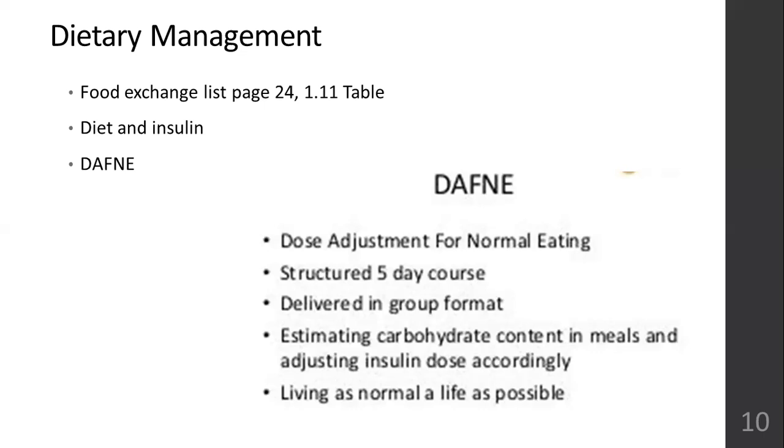Okay, the dose prescribed for the insulin or the hypoglycemic drugs will take care that the person is having normal quantity and amount of food without feeling that they're losing out a lot on varieties. Okay, so based on their eating style, eating requirement, nutritional requirement, it should fulfill the nutritional requirement as well, but it should not affect the blood glucose levels. Okay, so the dose is adjusted just to control the blood glucose level, but the person can eat as much variety as they can. Okay, so that is the Daphne diet plan.